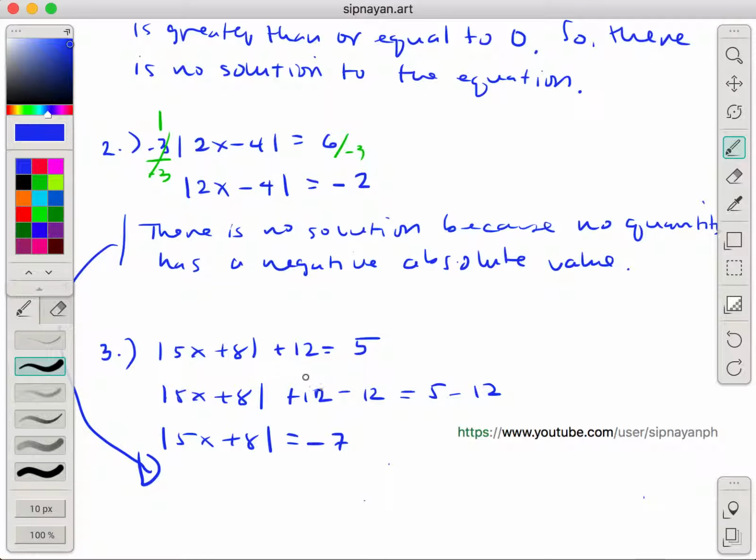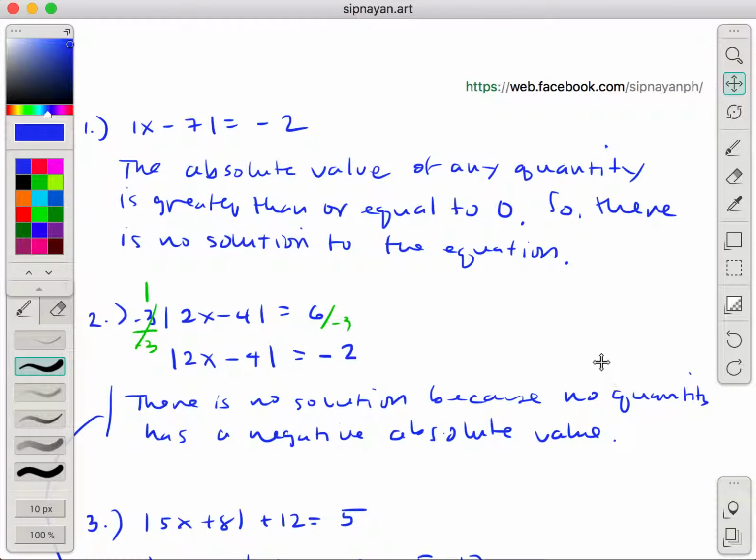Tapos tatanggalin nyo lahat ng mga kasama niya. And then see if it's positive, negative, or 0. Pag negative yung value niya ay that's not possible. No? I think that's it. Hindi tayo masyado magtatagal dito kasi automatic yan. Pag sinolve nyo at nakita nyo yung negative, automatic wala siyang solution.